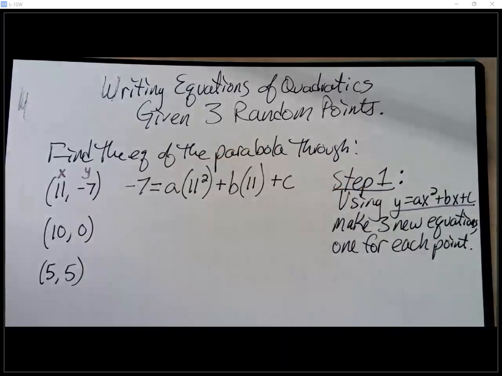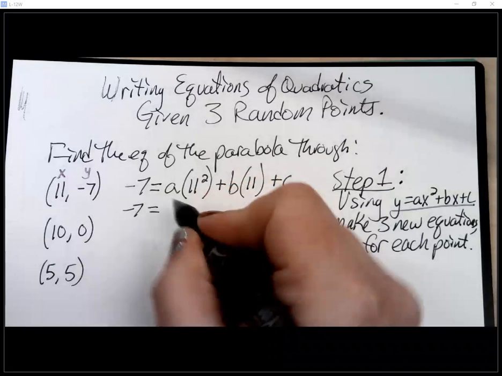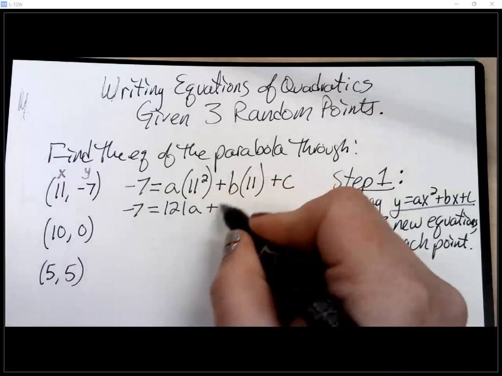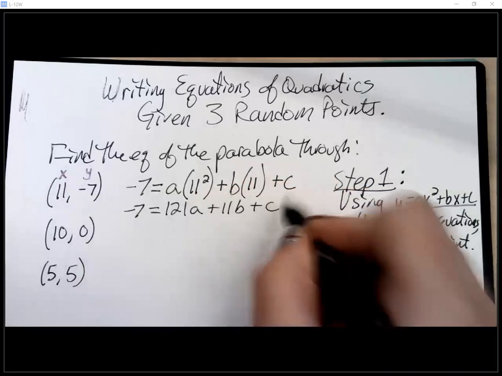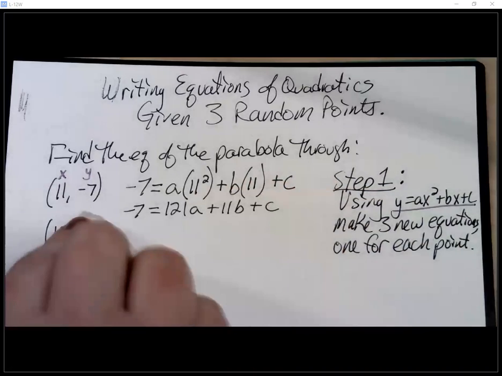I'm going to clean that up and square the 11 so it looks like this: -7 equals 121a plus 11b plus c. I should have left myself a little bit more space, so I'm going to do that because I have magical paper.